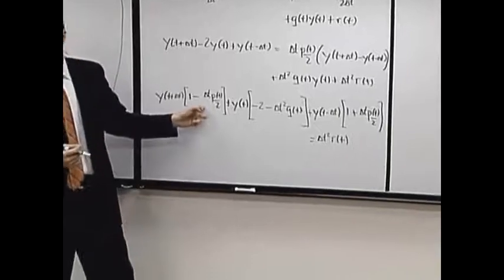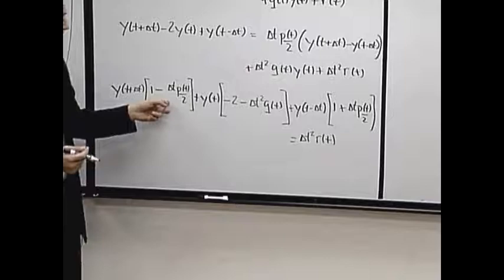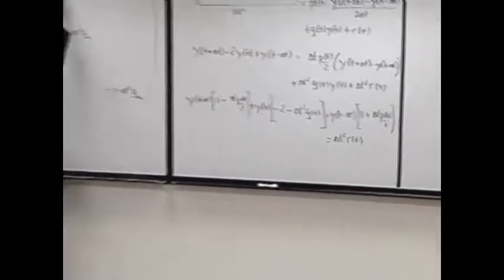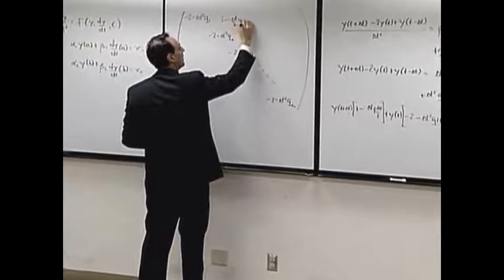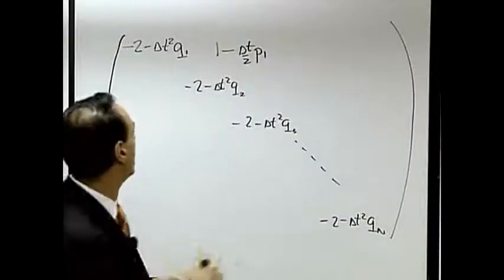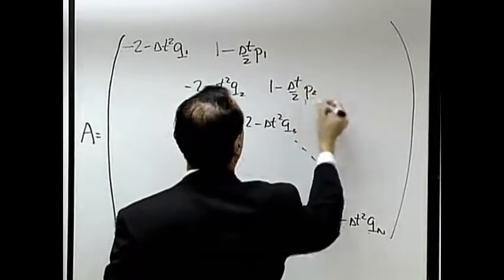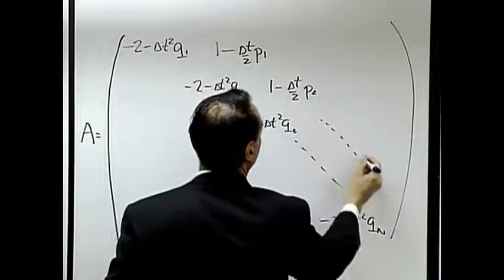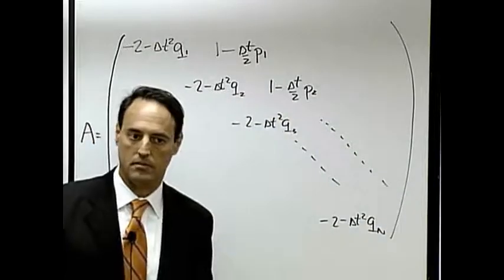And here's the weighting of that neighbor on the right there. Okay? So here you're evaluating the next point, 1 minus delta t over 2, p of 1. Here, 1 minus delta t over 2, p of 2. It's the next off-diagonal element.